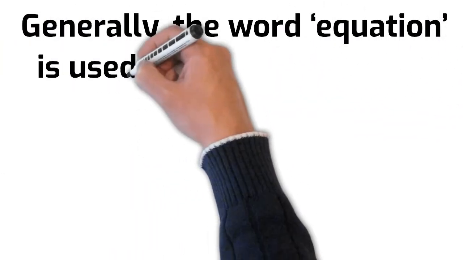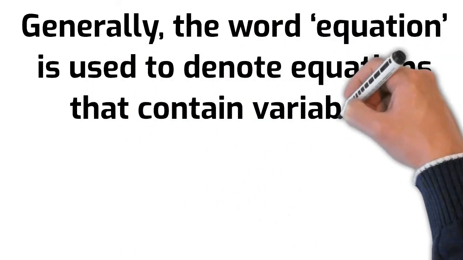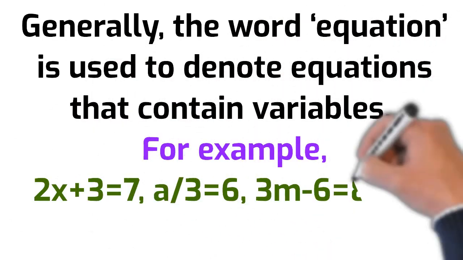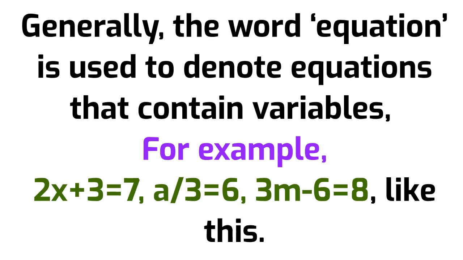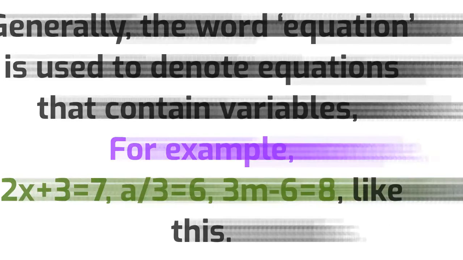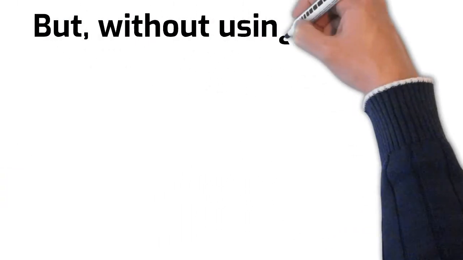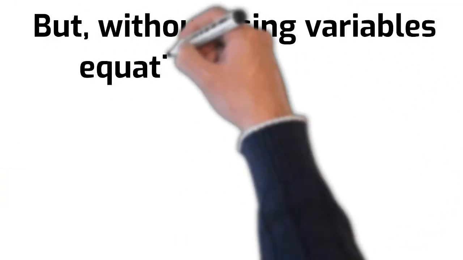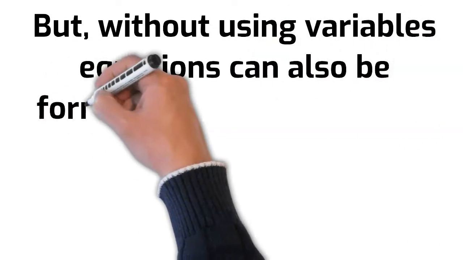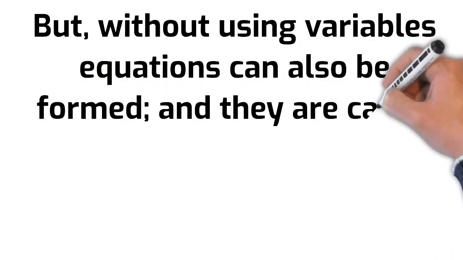Generally, the word equation is used to denote equations that contain variables. For example, 2x plus 3 equal to 7, a by 3 equal to 6, 3m minus 6 equal to 8, like this. But without using variables, equations can also be formed, and they are called numerical equations.